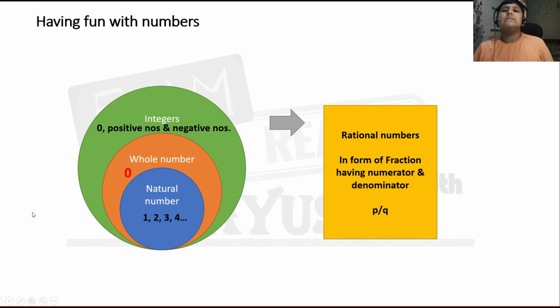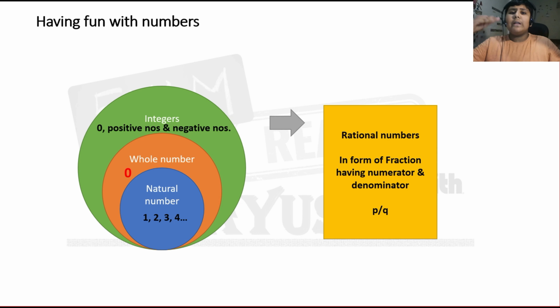An integer is a whole number such as 2, 3, 4, etc. But it cannot be 3.5, as 3.5 is in numerator and denominator form, which is known as a rational number. A rational number is a type of real number which is in the form of P upon Q, where Q is not equal to 0. Any fraction with a non-zero denominator is a rational number.